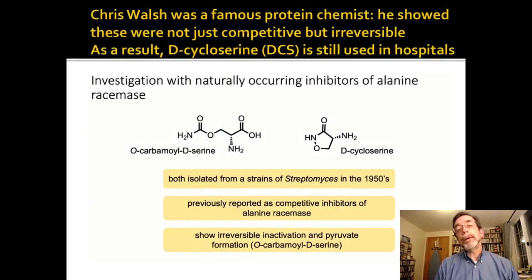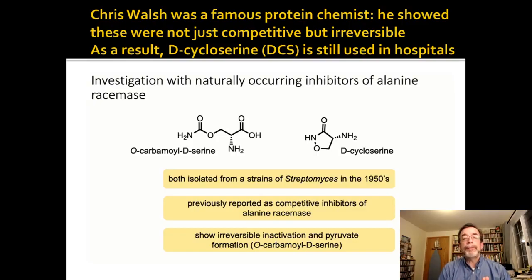Irreversible inhibition is actually a huge part of drugs. There's a famous protein chemist named Chris Walsh. He showed that certain inhibitors were not just competitive. He's one of the ones who showed that this class of inhibitors formed covalent irreversible bonds.